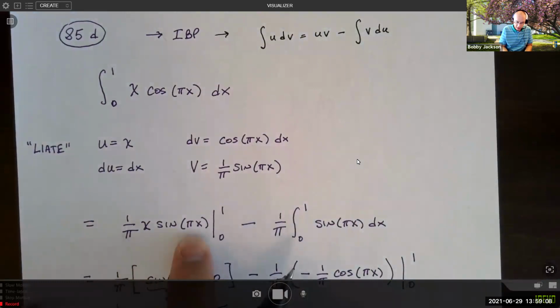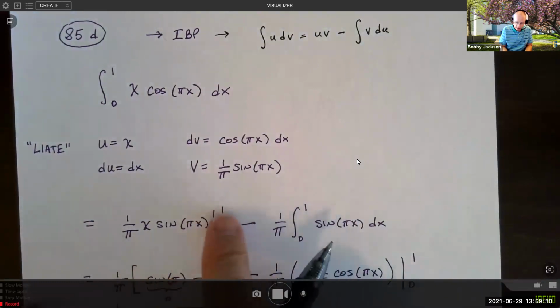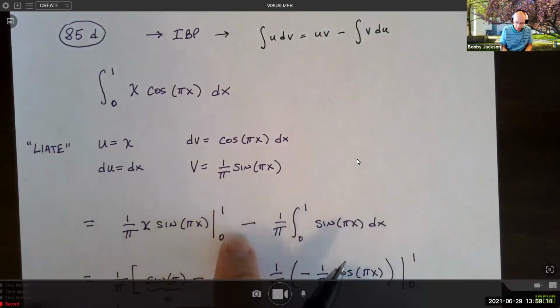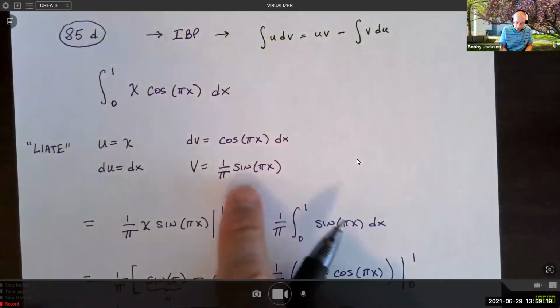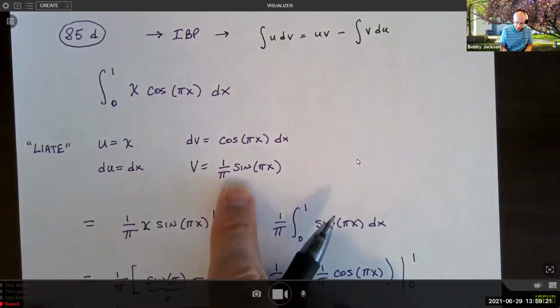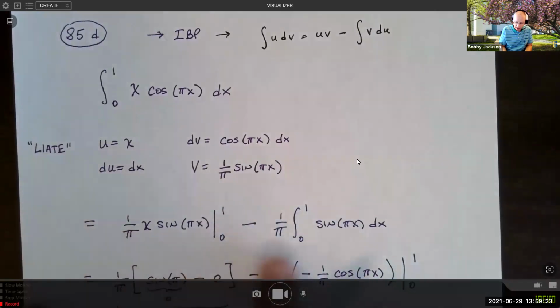But then notice, since this is a definite integral, I want to evaluate this, right? I put my evaluation bar at the upper limit of 1 and the lower limit of 0, minus the integral of v du. So 1 over pi sine of pi x, and du is just dx. So I pull that 1 over pi out. Of course, again, I've got my limits from 0 to 1.